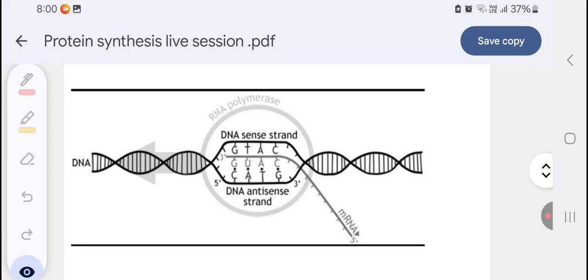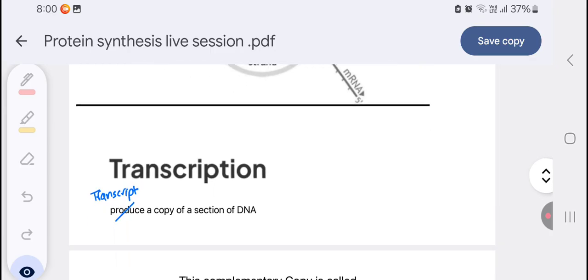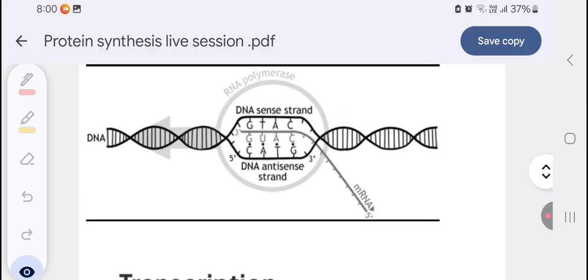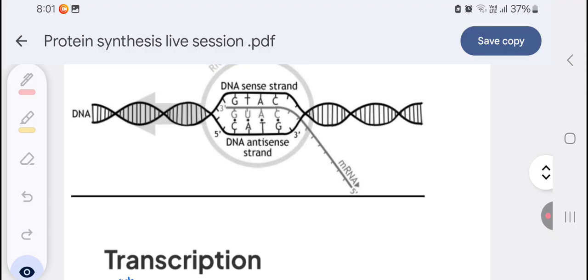And we make a copy of this gene and we take this copy out of the nucleus into the cytoplasm to be translated and produce the protein which we needed here in this example, which is collagen, in the cytoplasm. So the first step in the protein synthesis process is called transcription.